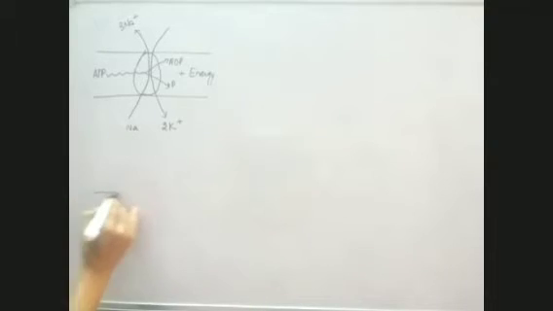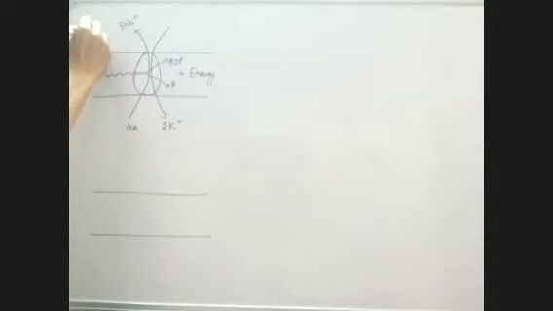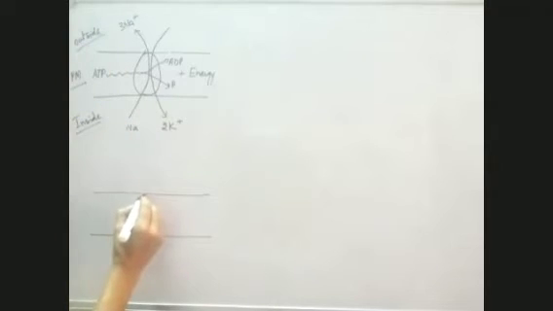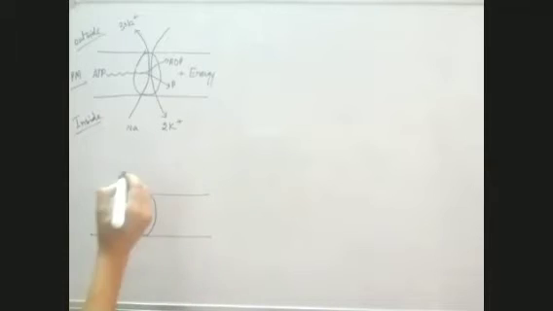This is outside, this is inside of the cell, and this is PM. PM is the plasma membrane. So when sodium is taken out, what happens?